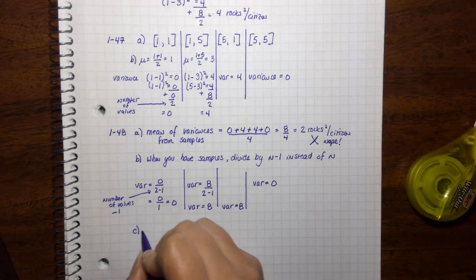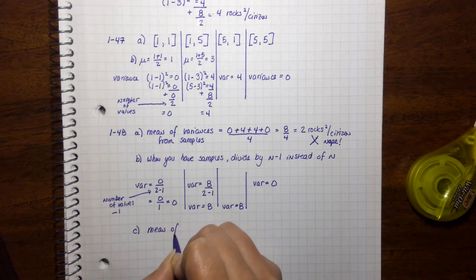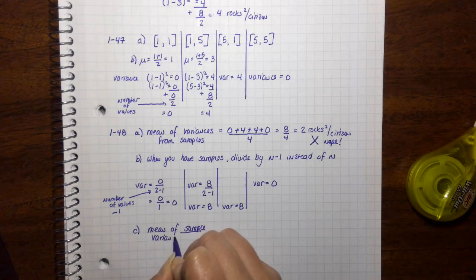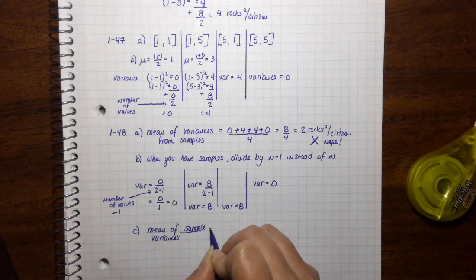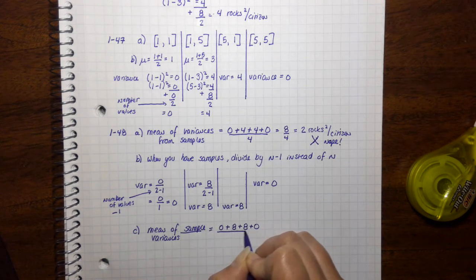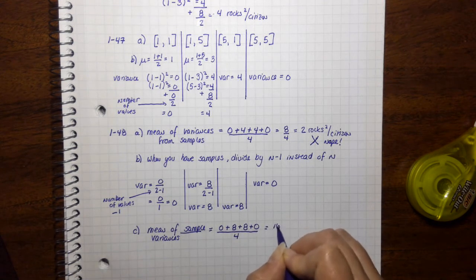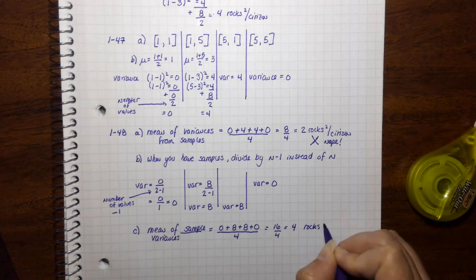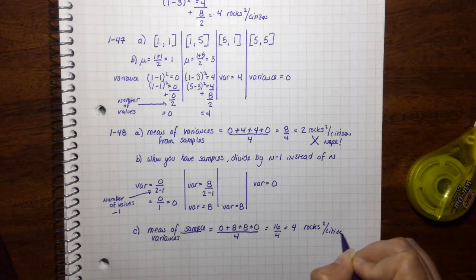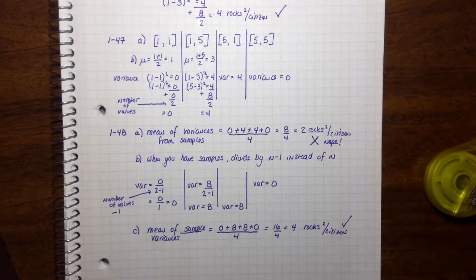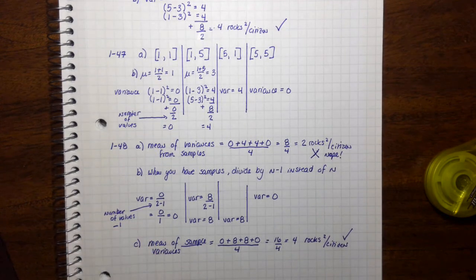So the mean of sample variances is 0 plus 8 plus 8 plus 0 over 4 values, which is 16 over 4, which is 4 rocks squared per citizen, which matches the correct population variance for rocks per citizen.